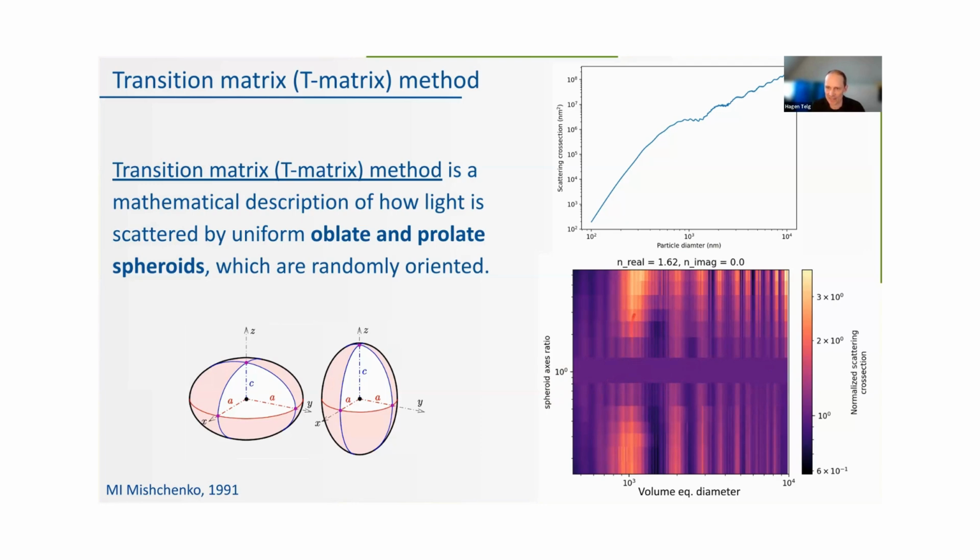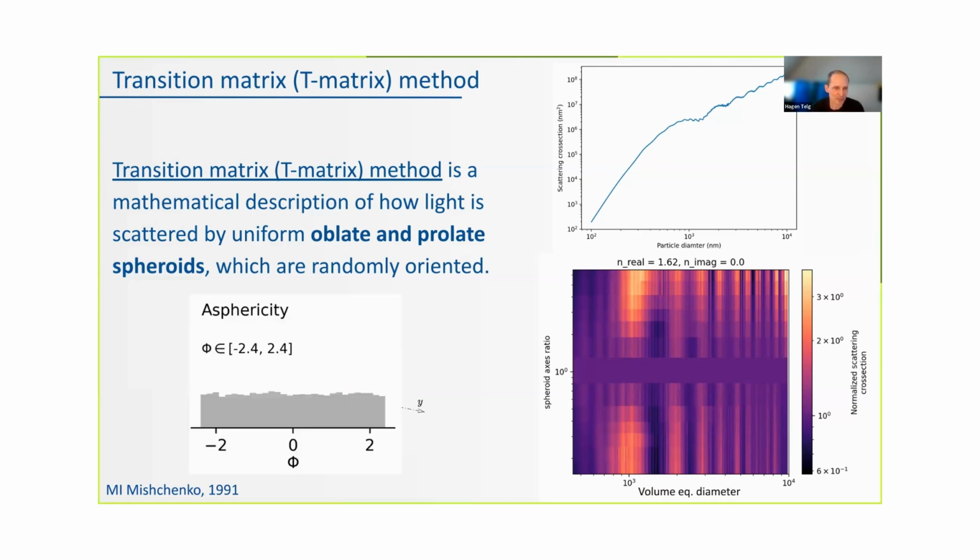You can see that the deviation can be quite substantial. For example, here where we have an axis ratio of 4 and 5, we get a ratio to the spherical particles of 3. So that's quite substantial. And of course, we now don't plot that as a function of diameter, but as a function of volume equivalent diameter.